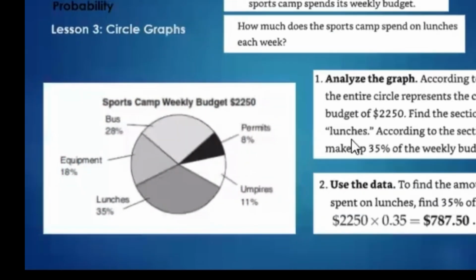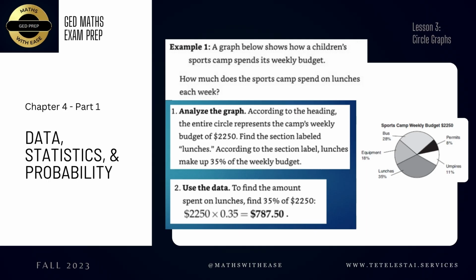And that's why I was telling you earlier that you should always pay attention to the title and all the information provided to you about the graph, because if you notice, the question doesn't tell you that the sports camp's weekly budget is $2,250, but you see that here in the title, okay? So again, if we go back to our definition of a pictograph, it's a very condensed way of representing information, right?